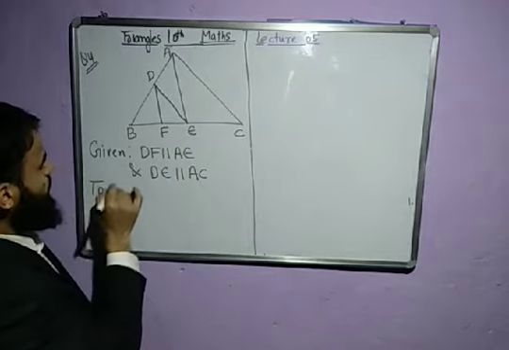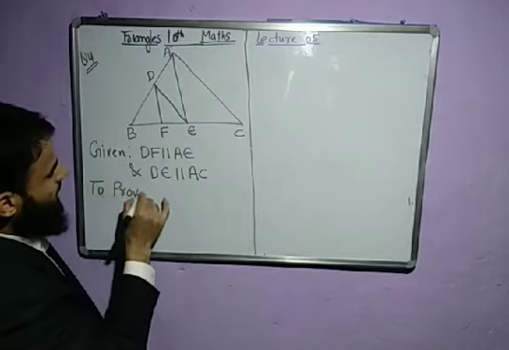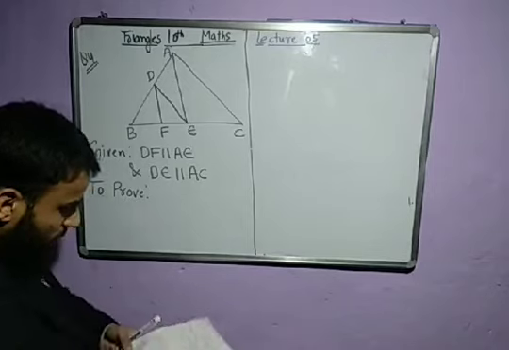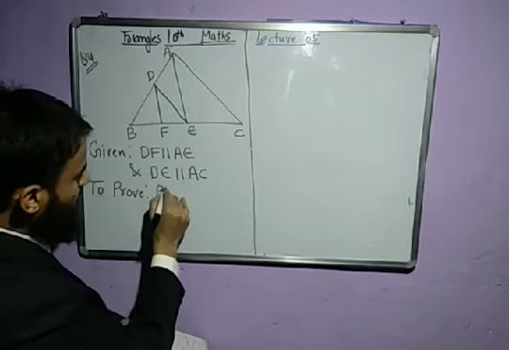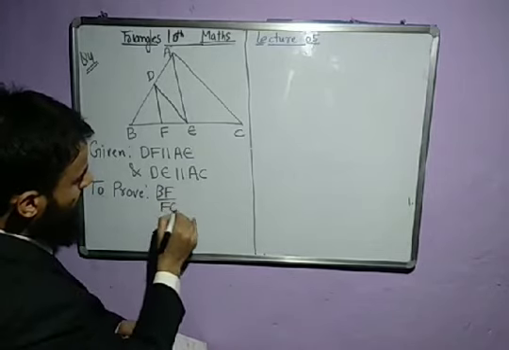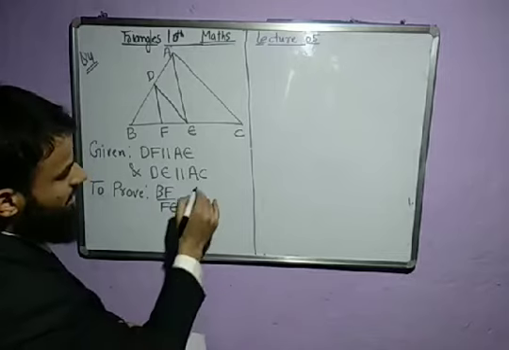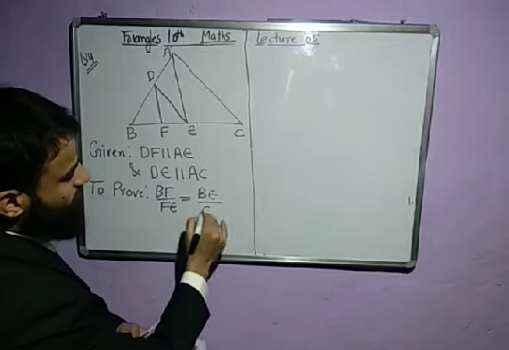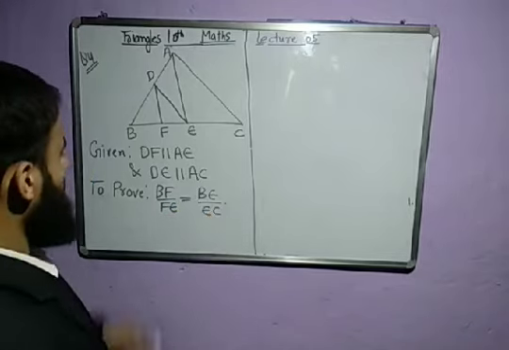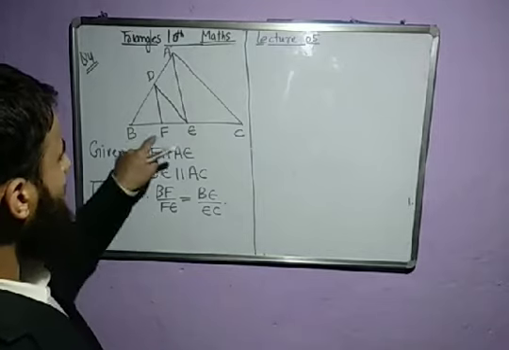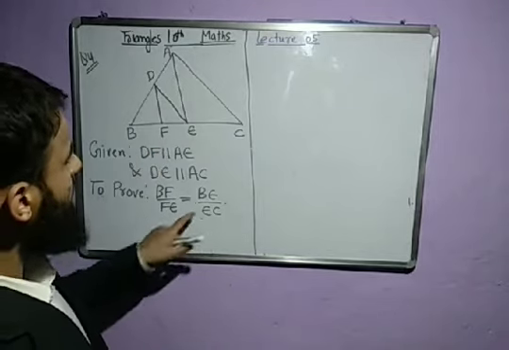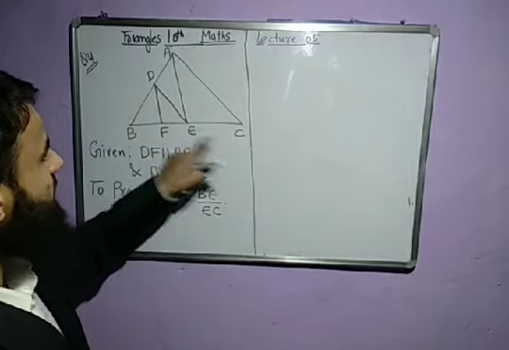What you need to prove? You need to prove BF divided by FE is equal to BE divided by EC.